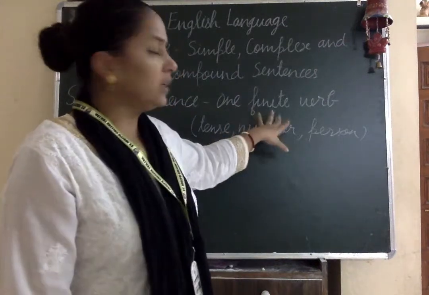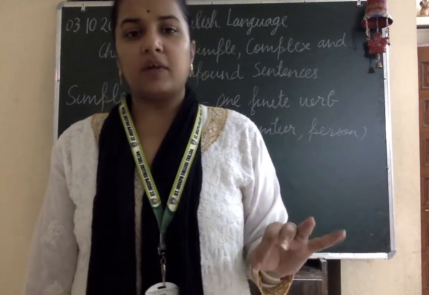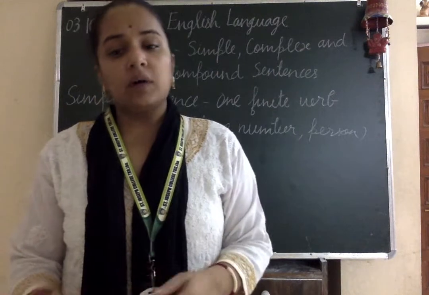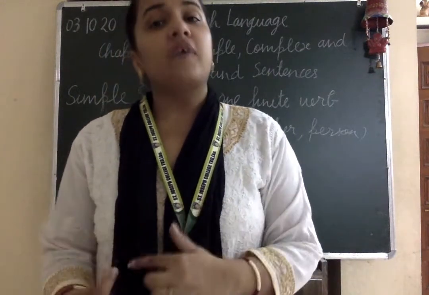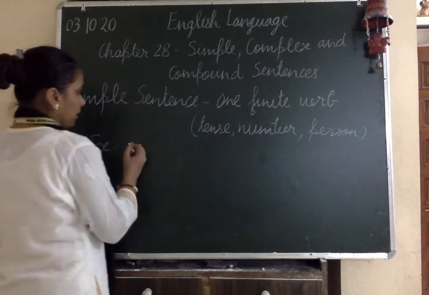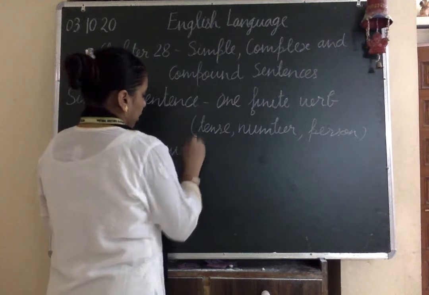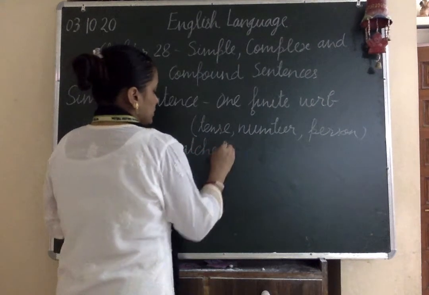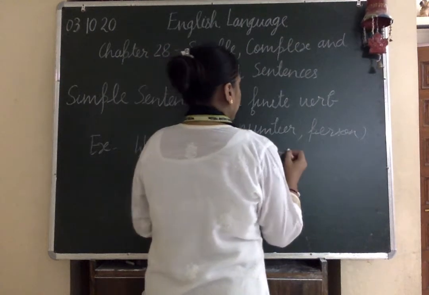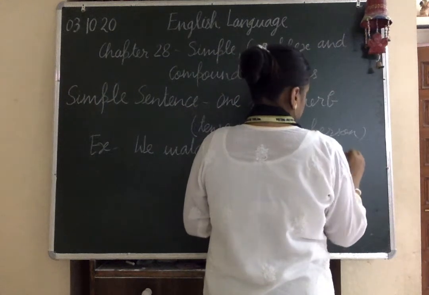So we will take the example of both. The first one, where we are using only one finite verb and no non-finite verb. The other one in which we will take both the finite verb and the non-finite verb. So let's take the example. We watched a video last night.